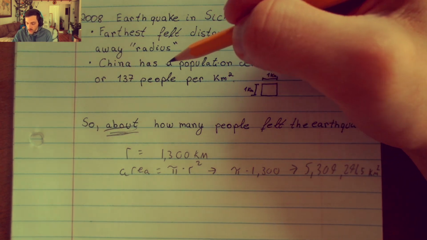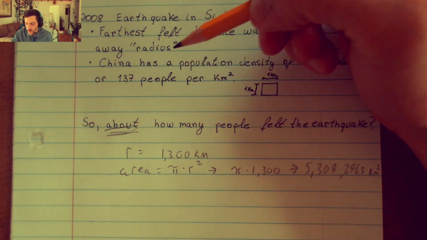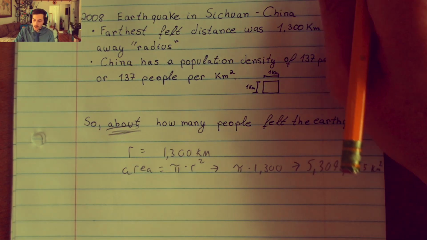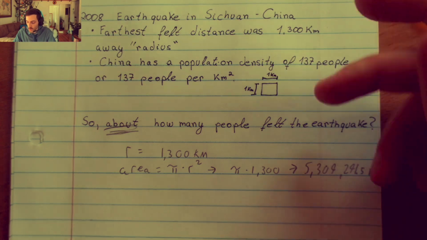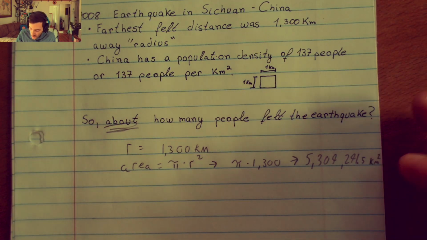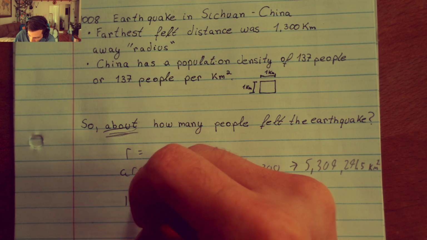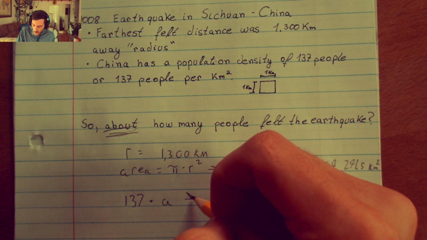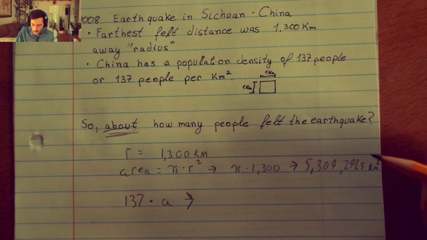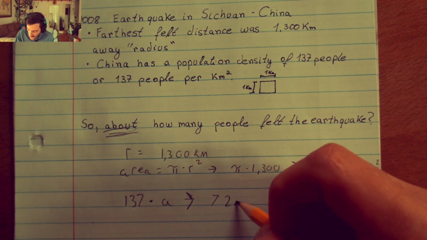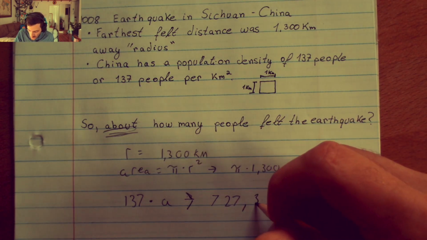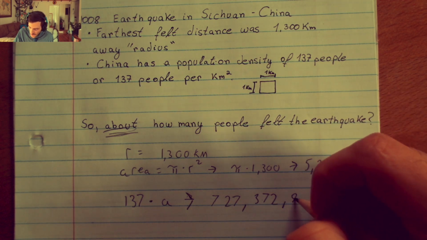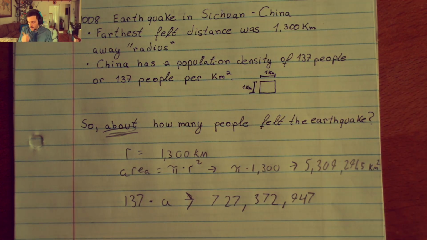We're told that there's an average of 137 people per kilometer squared. So if we want to find out about how many people were impacted by this earthquake, we can say 137 people times our area, which gives us a value of about 372,947 people.